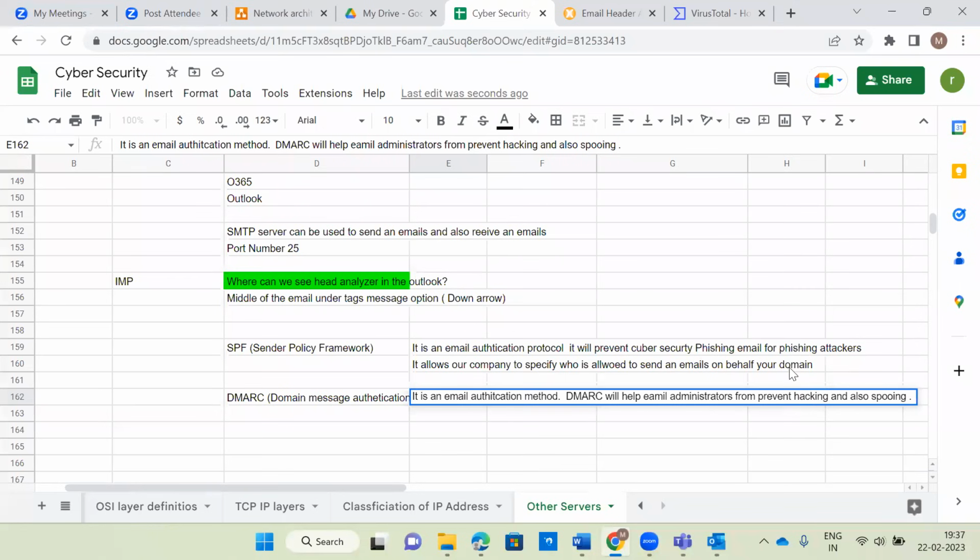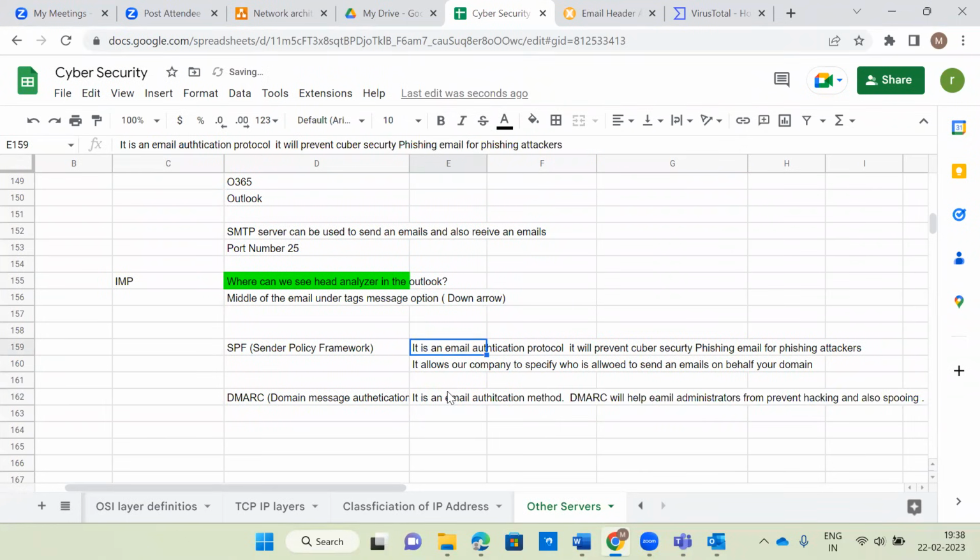For email administrators, it can prevent phishing email attacks. SPF is the authentication protocol, and DMARC is the authentication method. That is the main difference.